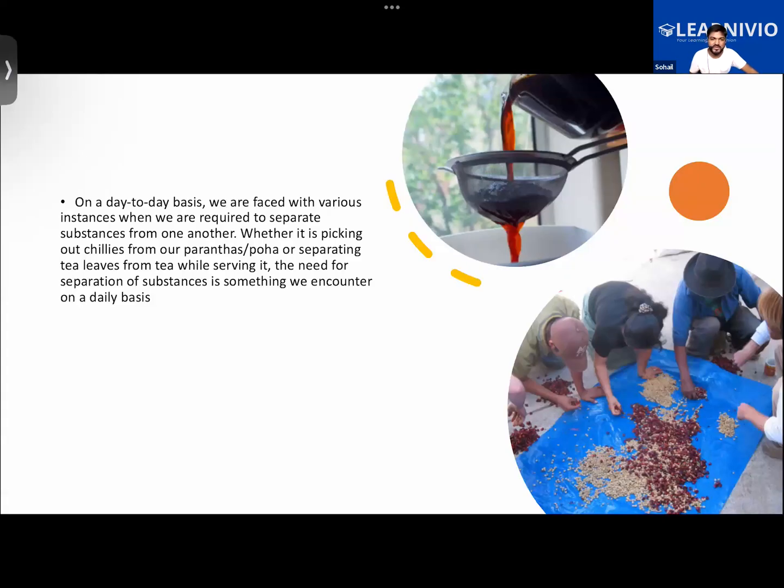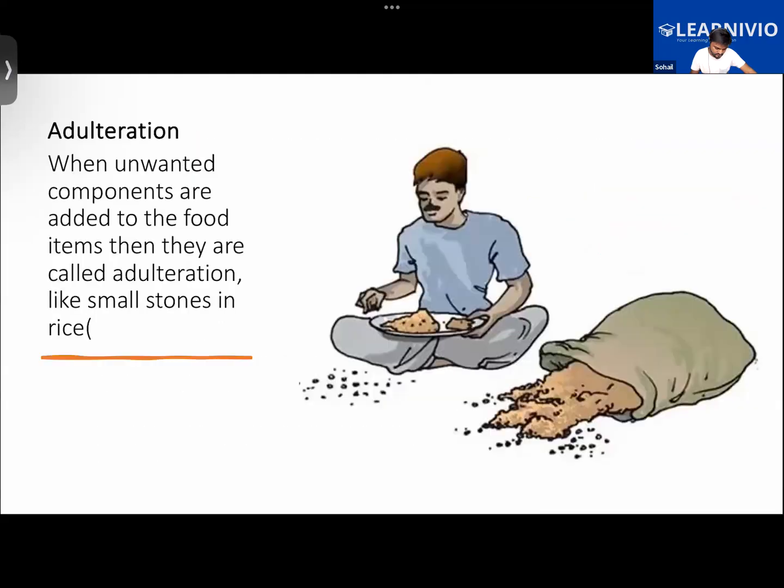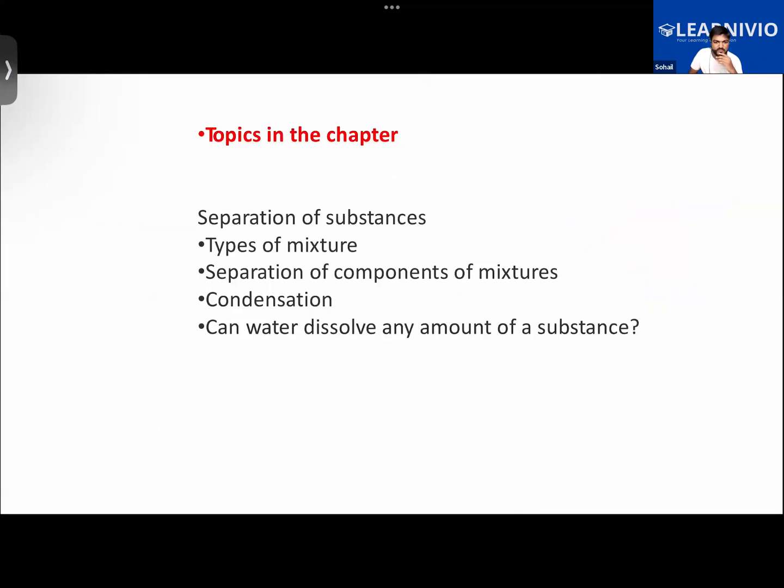Further in the chapter we have learned about pure and impure substances, remember? So what do you understand by a pure substance? Pure substances are those that are made up of only one type of particles, for example distilled water.